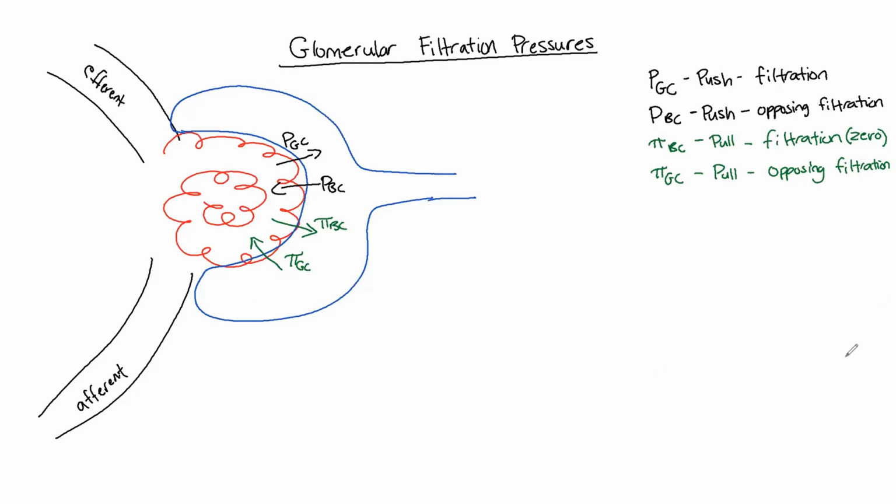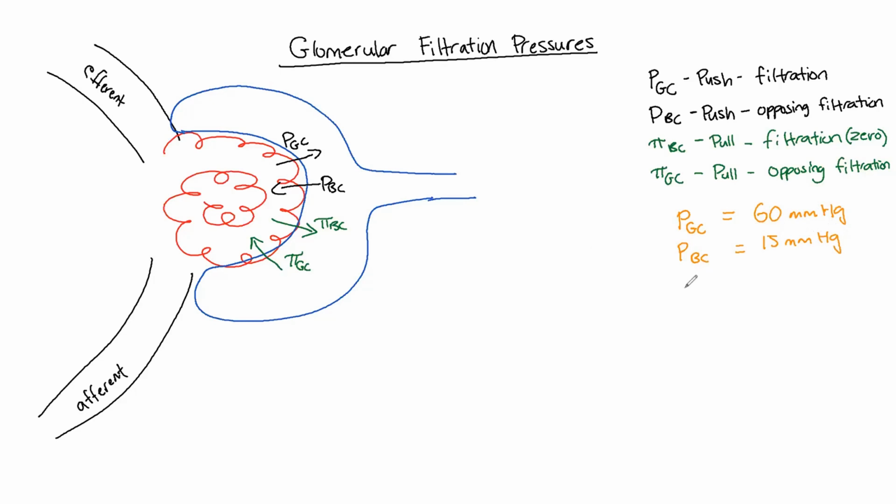All right. Let's add some values to our numbers and let's calculate this in an attempt to prove that what we said is true, that it's always net filtration taking place. So let's say our glomerular capillary hydrostatic pressure was 60, which we know it should be. Our Bowman's capsule hydrostatic pressure is 15 millimeters of mercury.